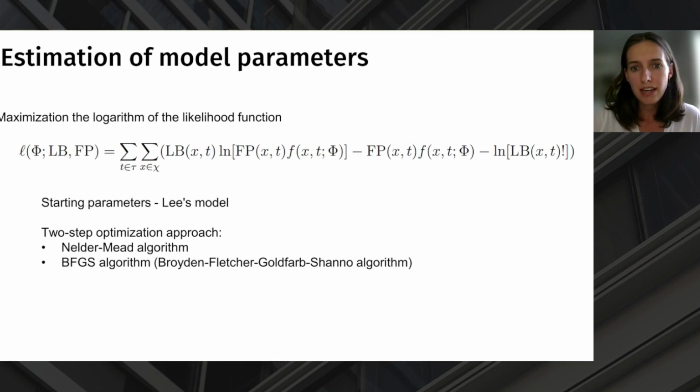The two-step approach was chosen due to a large number of estimated parameters, where the Nelder-Mead algorithm tends to achieve better convergence to a semi-optimal point.